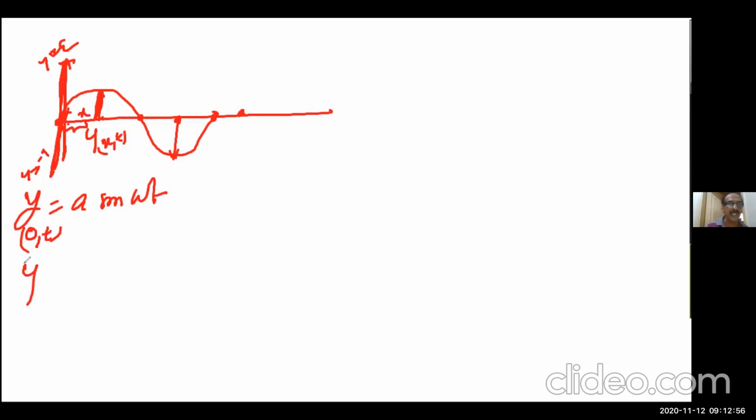Here the particle is making a vibration, y of x, t. See, 0 has now become x. Same time, same amplitude; here also the particle can vibrate a maximum of a, and the same sine omega t. But what is the difference between this particle and this particle? This one completed 360 vibration, but this one completed only 270 vibration, isn't it?